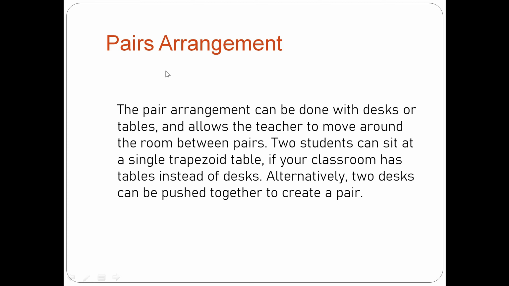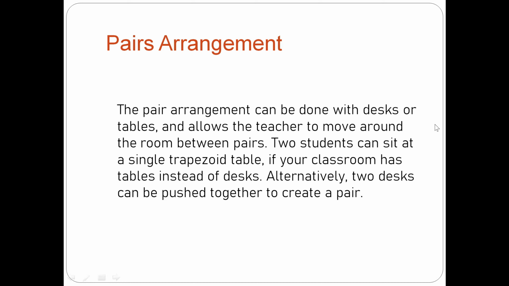And then we have the pairs arrangement. It is also a very common seating arrangement which we use inside our classrooms. The pair arrangement can be done with desks or tables and allows the teacher to move around the room between pairs. Two students can sit at a single trapezoid table if your classroom has tables instead of desks.